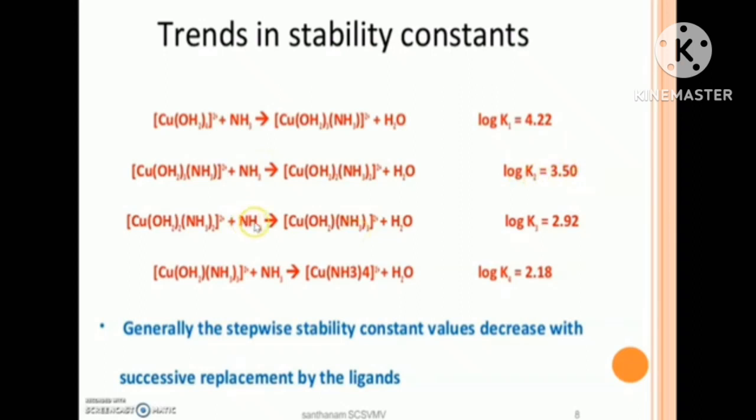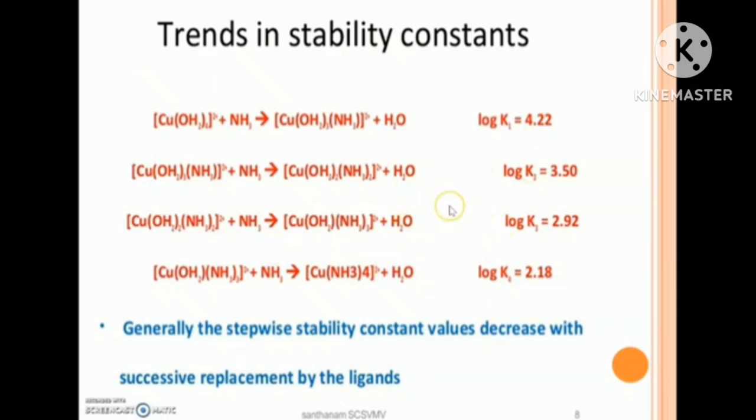In the next step, again an NH3 molecule replaces one water molecule, and here the stepwise stability constant is log K3, and the value is 2.92. And at the last step all the water molecules are substituted by NH3 molecules, and the complex [Cu(NH3)4]2+ is formed. Here log K4 is equal to 2.18.